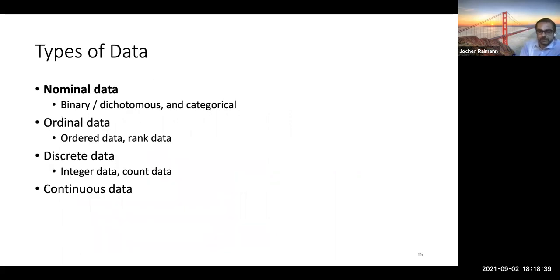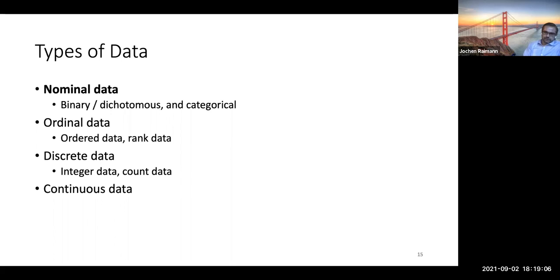All right, types of data. We essentially are looking at 4 different types of data. We're looking at nominal data, which is binary, dichotomous, or categorical data. Then we have ordinal data, which is ordered data or ranked data. Then we have discrete data, which is either integer data or count data.